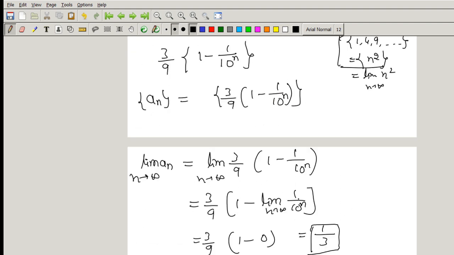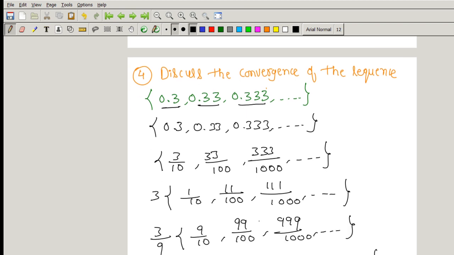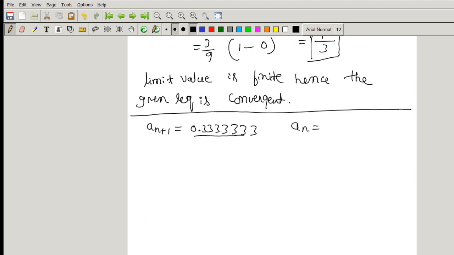The sequence is 0.3, next term is 0.33, next term is 0.333. A 3 is added to every term. For the previous term, if you add a 3, we obtain the next term. So this is an plus 1.